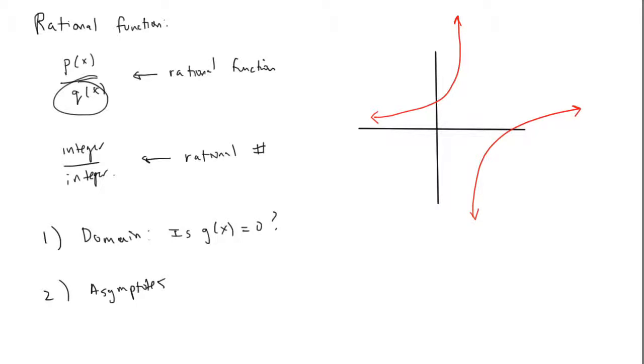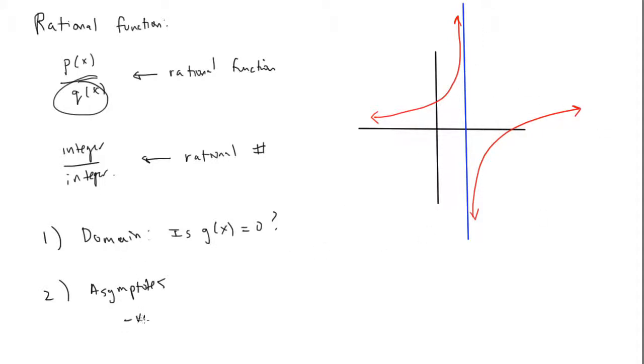Then this vertical line here is an asymptote, and basically all that means is that the function's graph is approaching that vertical line, but it never actually reaches it. So there are several kinds of asymptotes that you can have.